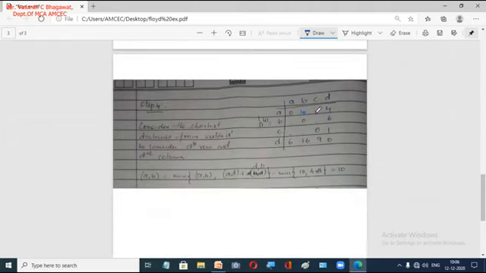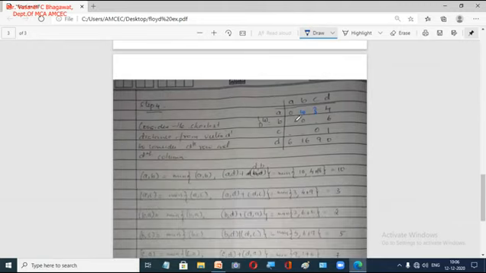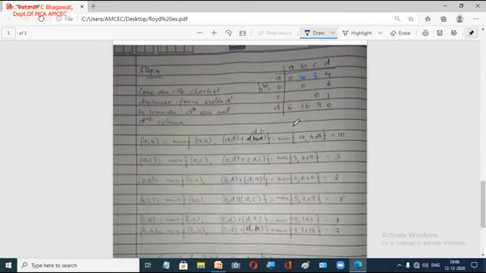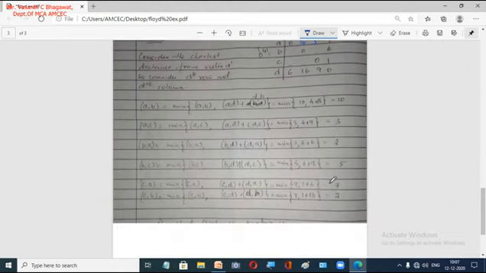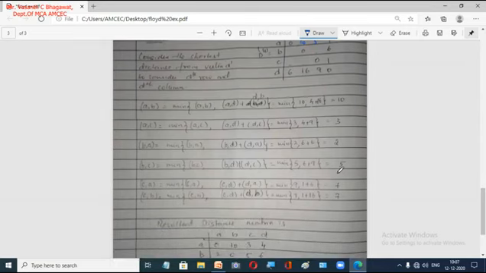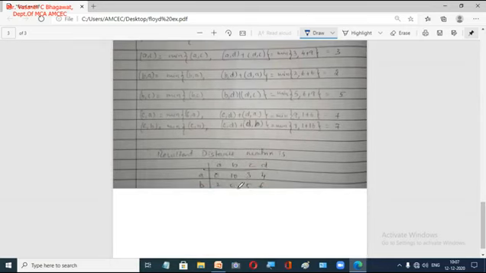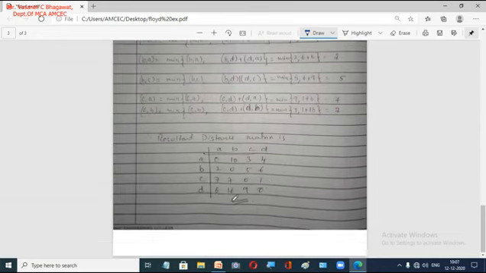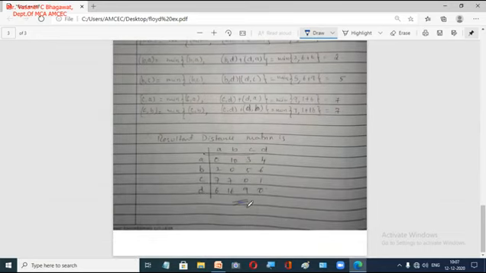So we got 3 here. Next you should find BA, right? Like this you calculate for BA, BC, CA and CB. When you do all these calculations and get the minimum values, you write them down in our matrix. Now this will be your resultant distance matrix. Now this is your final resultant matrix.